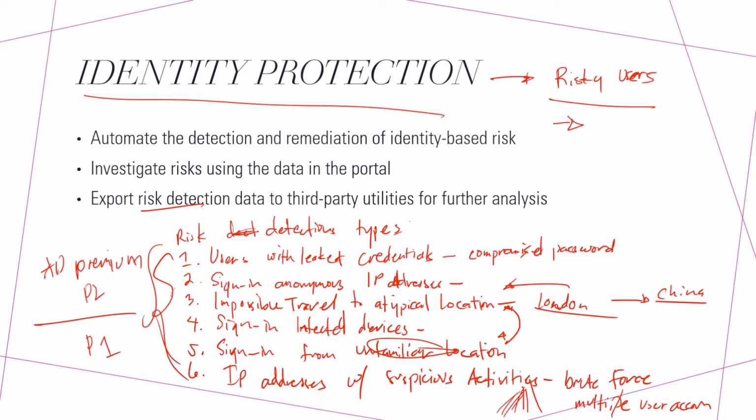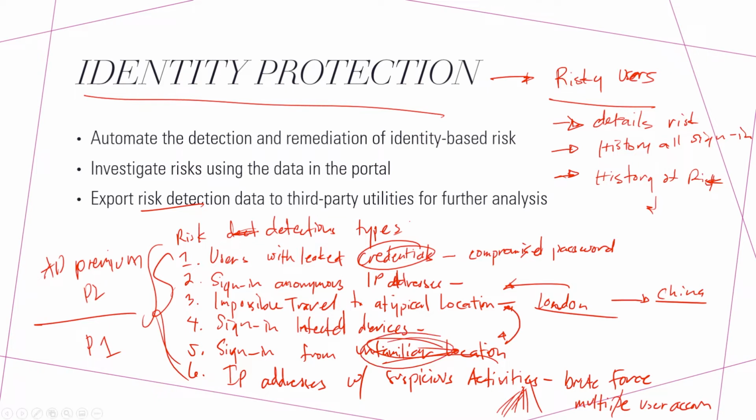From here, it will then give you details on the risk, the history of all risky sign-ins, and then the history of the risk itself. So let's say today it's been leaked credentials, and then suddenly the next day it became a sign-in from an unfamiliar location.